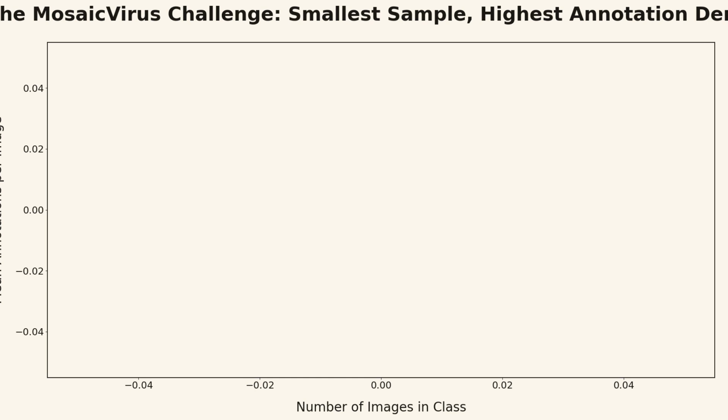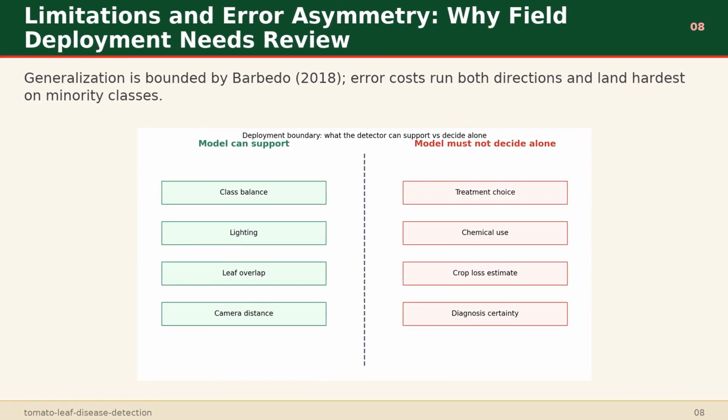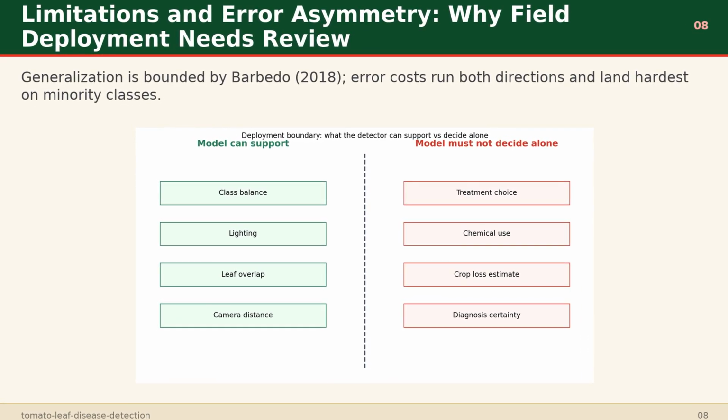This slide covers limitations honestly, and I shift to first person to mark the interpretive move. 2 published findings bound my confidence in what a detector trained only on this Kaggle set would do in the field.